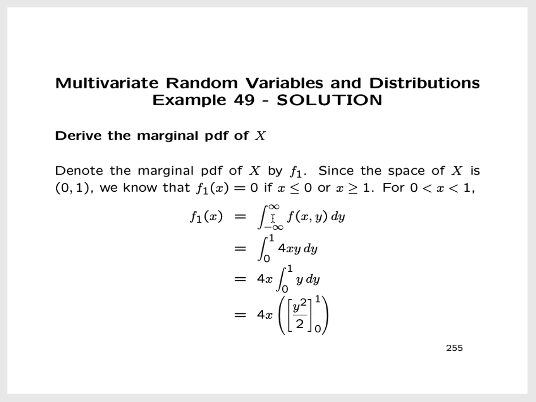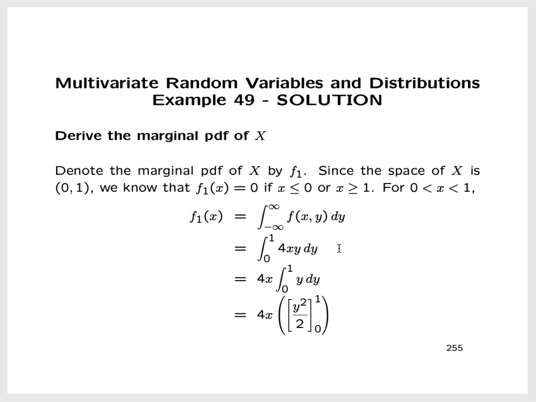Well, this simplifies to the integral of 4 times x times y, integrating with respect to y over the unit interval from 0 to 1. And by the way, that's because the space of y by itself is from 0 to 1.